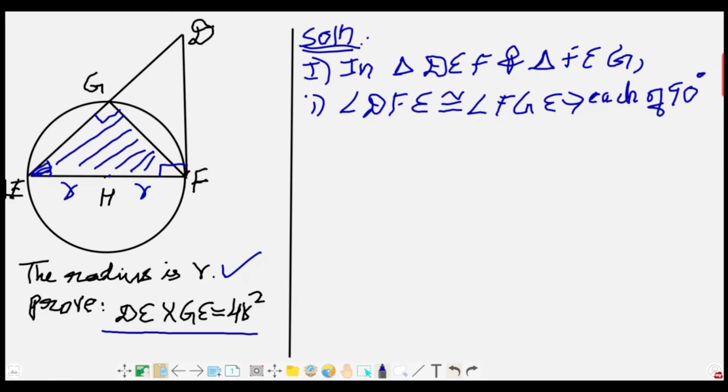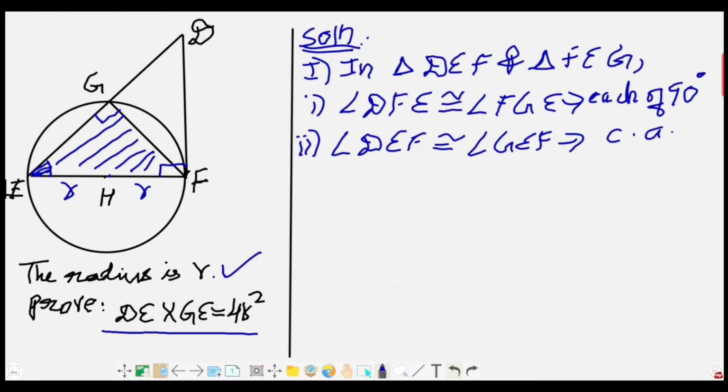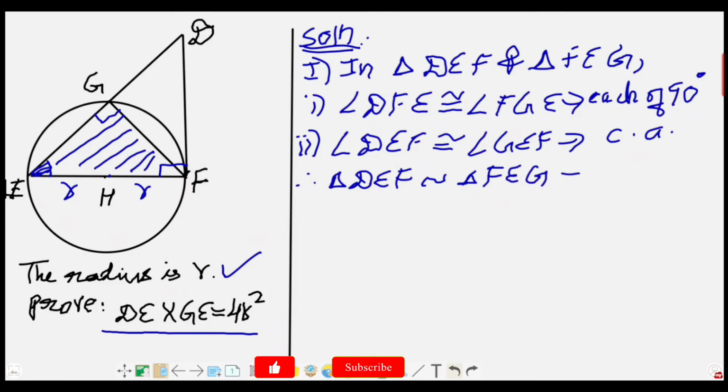Now the second angle I require for similarity. So I am taking angle DEF congruent to angle GEF. They are a common angle. So my triangle DEF is similar to triangle FGE by the AA test of similarity.